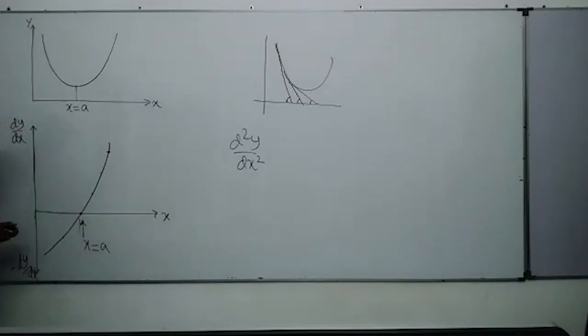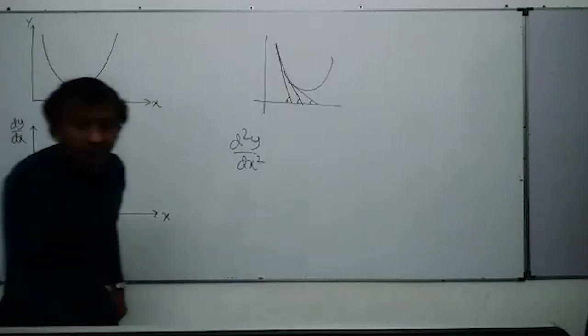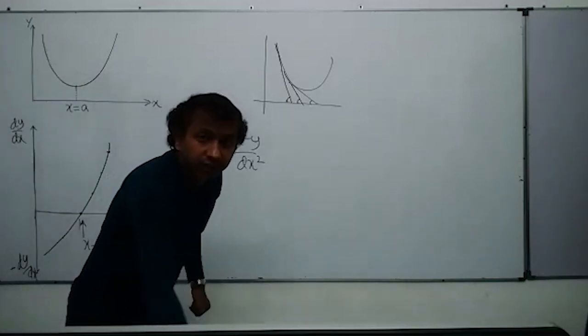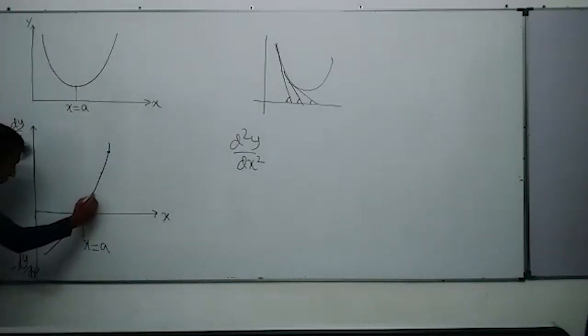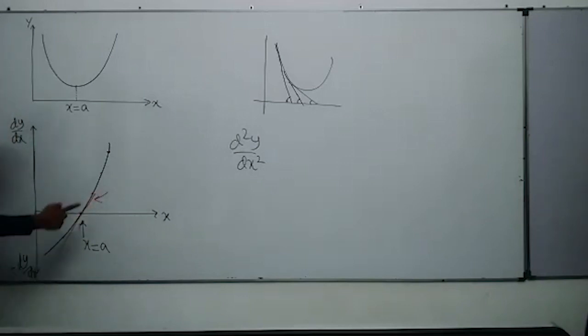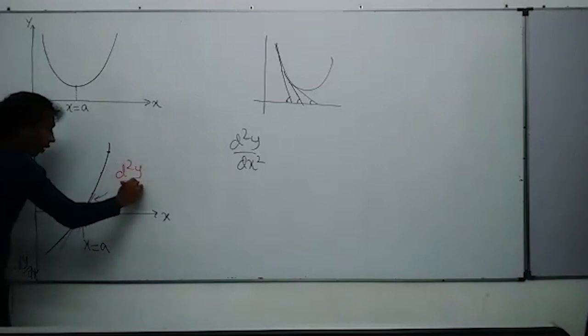At x equals a, if I draw a tangent to this graph, you can very clearly understand that tangent has a positive gradient here. The gradient of this curve means the gradient of this tangent. Gradient of the curve means the second derivative. So therefore, it is d2y by dx2 at x equals a.